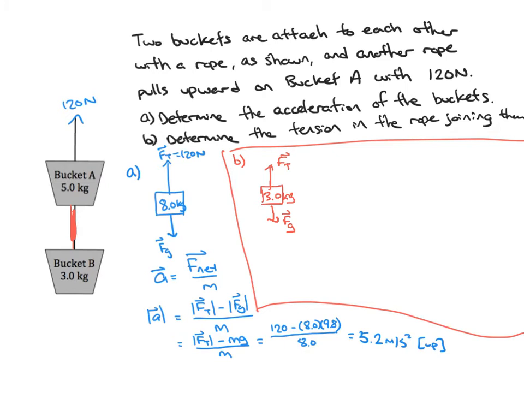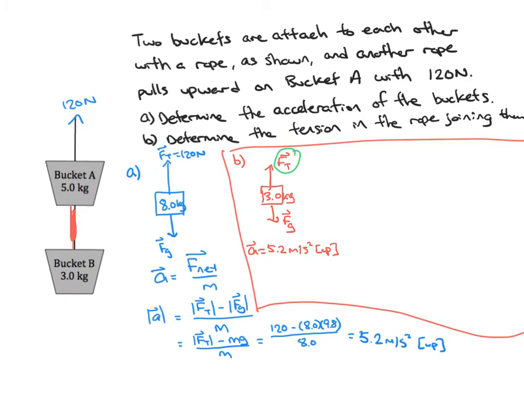Knowing that my acceleration is 5.2, because we got that in part A. All right, so I've got to find the tension. That's my goal. I can do that with Newton's second law again.